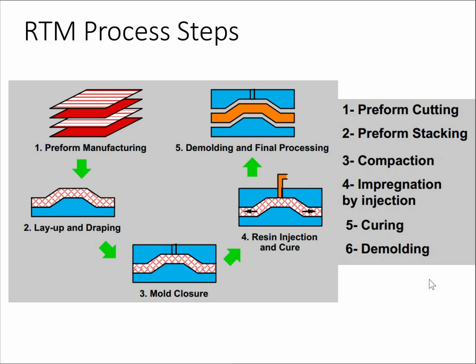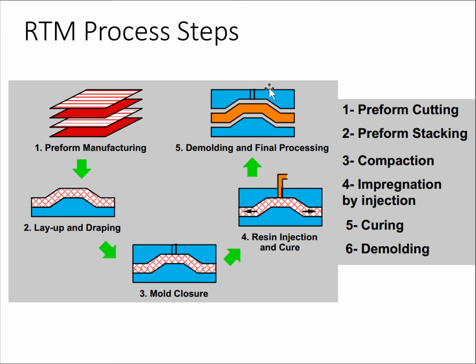Okay. RTM process takes this a step further. So essentially everything is the same as before. You have to create your preform, you have to have a mold, but the difference is, instead of using a roller to make sure that the resin is spread uniformly, you are going to press it.